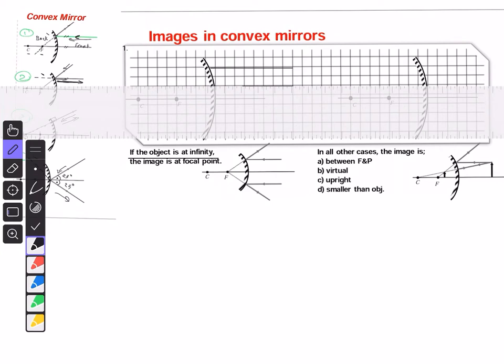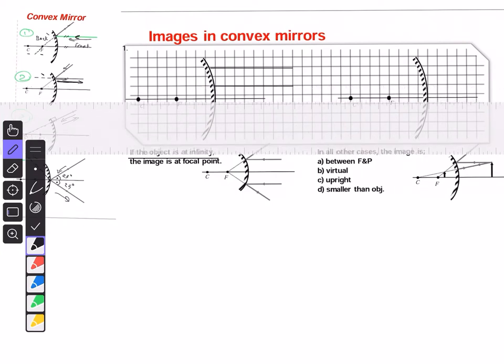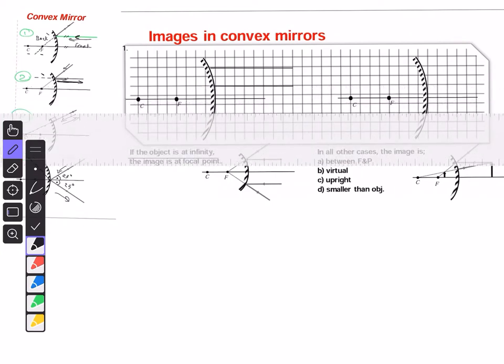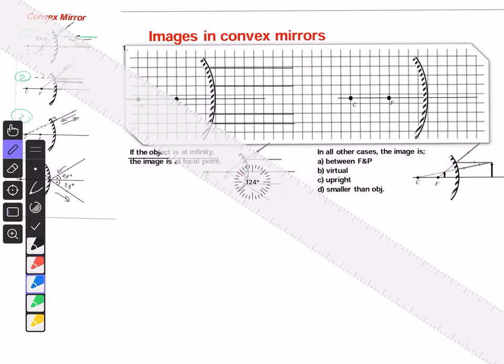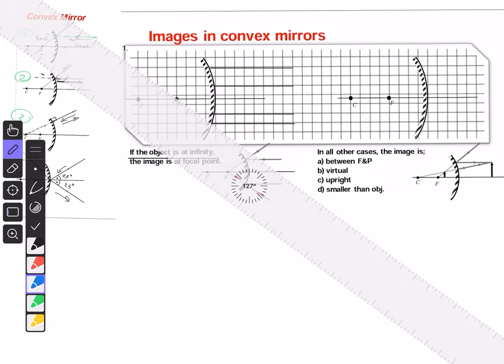Look, those are the lines coming from infinity, like light from the sun. It is coming straight to the mirror, and it must reflect back away from the mirror, guys. Look, if I draw this one, it must be reflecting back from the surface of the mirror.